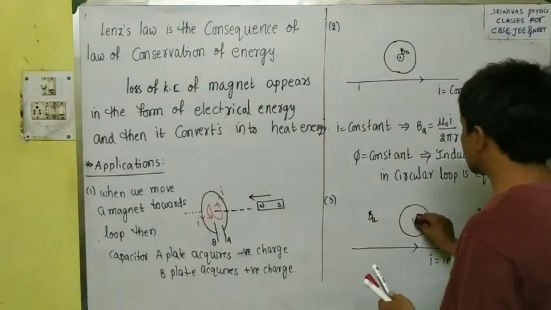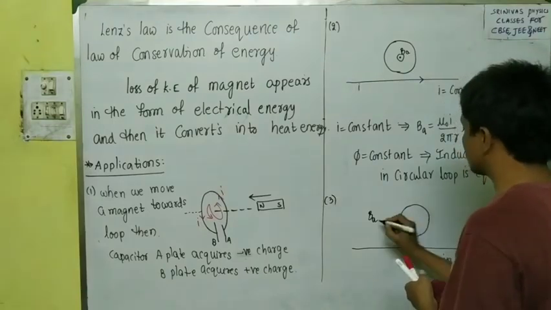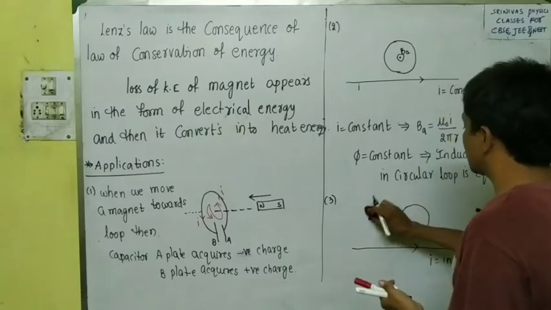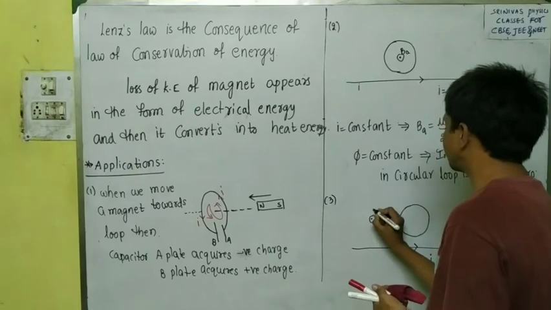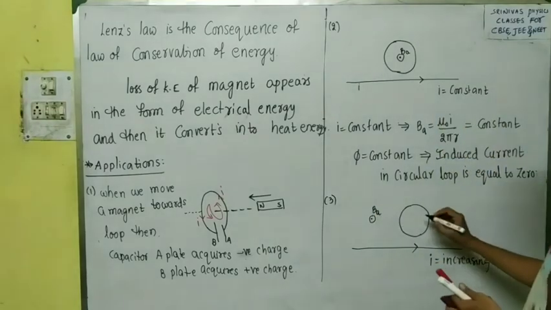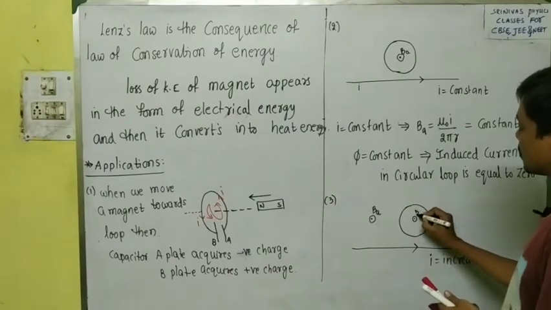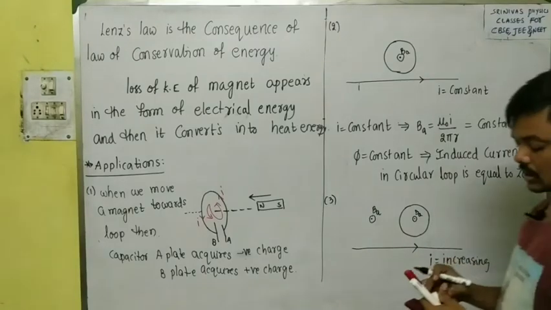Then due to this outward field, applied field is outward, right? Applied field is outward. And now what happens to the applied field, whether the applied field is increasing or decreasing? In this case, when current increases, then the applied field also increases, right?